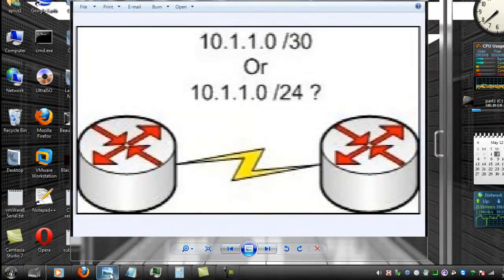Here I have a choice in what network mask or subnet mask to use, a /30 or a /24. We've got a point-to-point connection here, and by definition, how many host addresses do I need for a point-to-point connection? I need 2, 1 for each end, right? There's no host in the middle since it's point-to-point, and that's why we call it point-to-point.